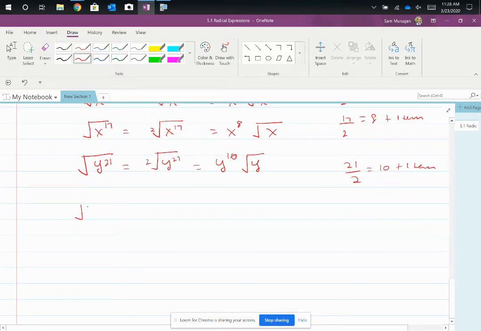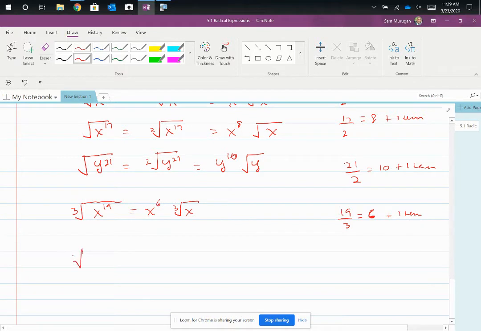If I have the third root of x to the power 19, 19 divided by 3, 6 threes are 18 plus 1 remainder. So x to the 6th power and 1 remaining underneath.